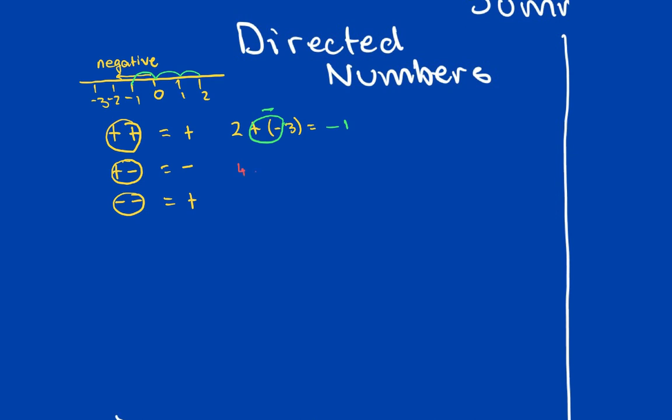Now I've got, let's say, 4 minus negative 1. So just ignore the brackets, they don't matter. 4 minus negative 1. And the 2 negatives become a positive. So 4 plus 1 equals 5.